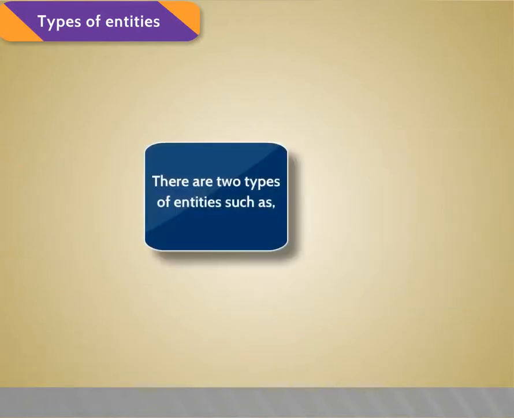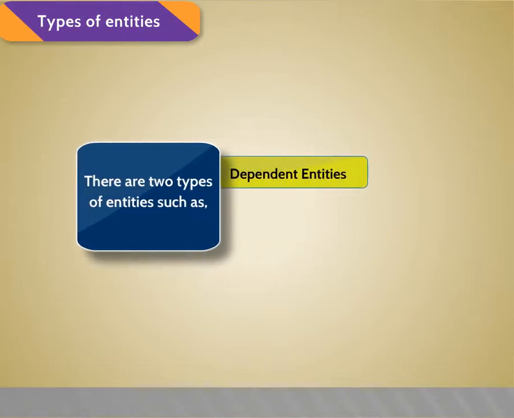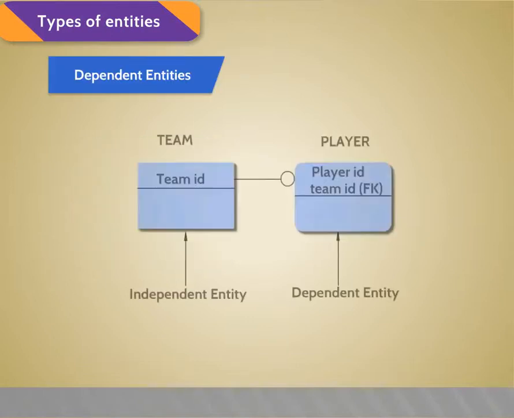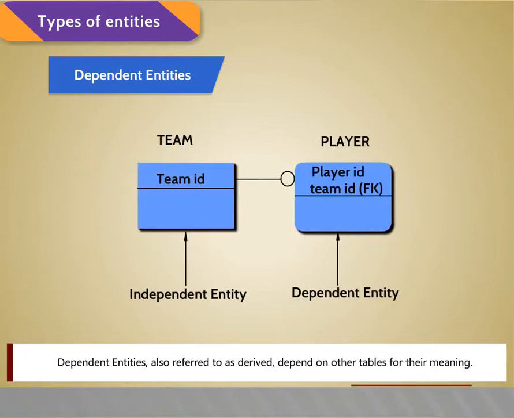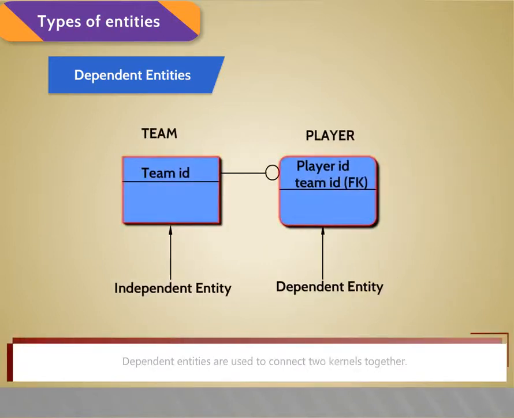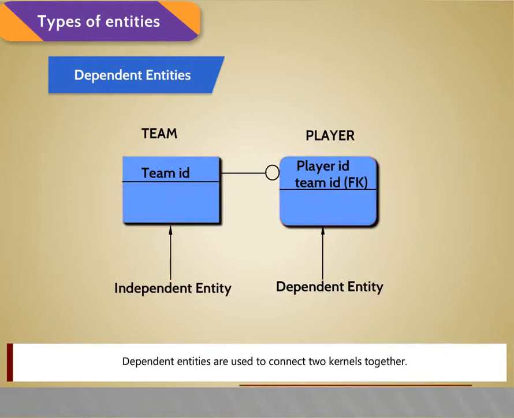There are two other types of entities: dependent entities and characteristic entities. Dependent entities, also referred to as derived, depend on other tables for their meaning. Dependent entities are used to connect two kernels together.